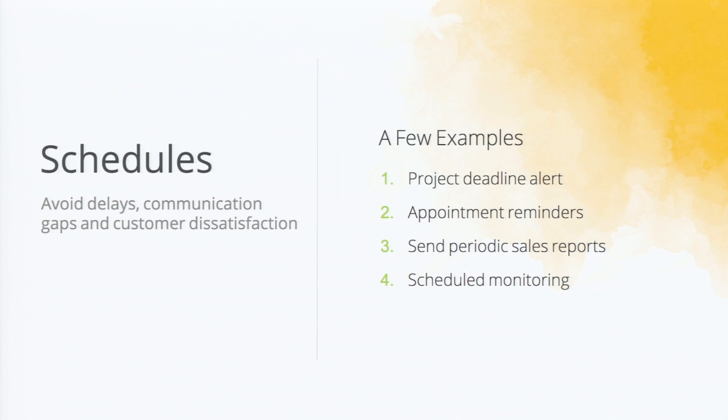So think of a scenario like schedules can be used in multiple ways. Think of a scenario like appointments, right? You have a patient appointment, and you want to send a reminder text to the patients who are visiting on that particular day. Those kinds of automations can be done using the scheduler, right?